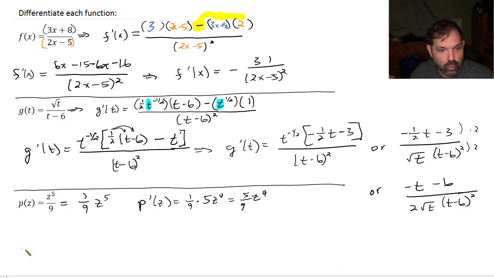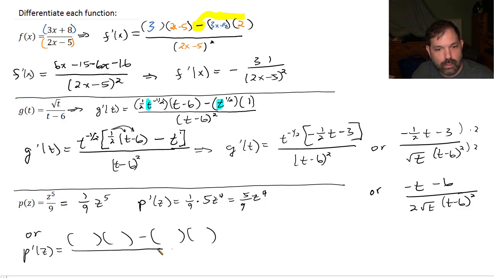If we apply the quotient rule, then p prime of z would give me, differentiating the top, 5z to the fourth, leaving the denominator alone, times 9, minus leaving the top alone, z to the fifth, and then the derivative of 9 is 0, since 9 is a constant, and then I'd have 9 squared in the denominator.